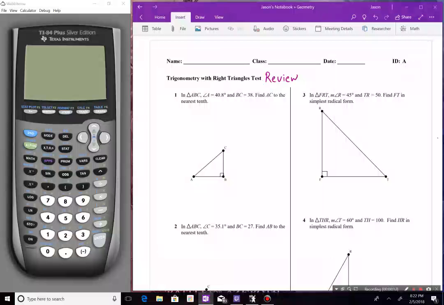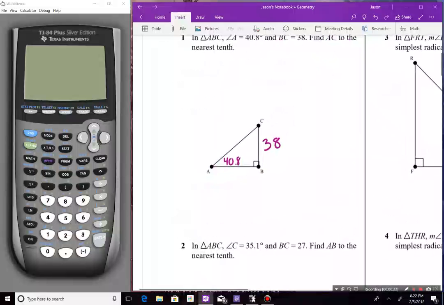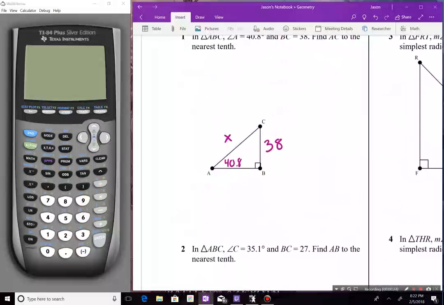So starting off on number 1, it tells us angle A is 40.8, BC is 38, and we want to find AC to the nearest tenth. So AC is here. From here, AC has to be the hypotenuse, and 38 is the opposite. We go to our SOHCAHTOA.